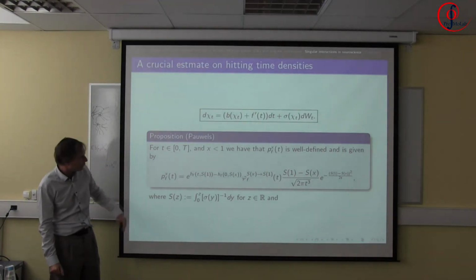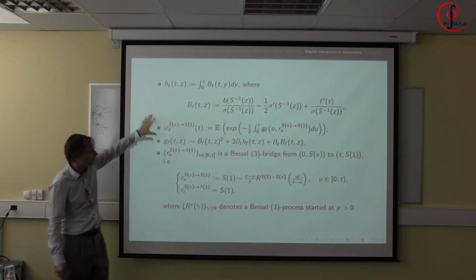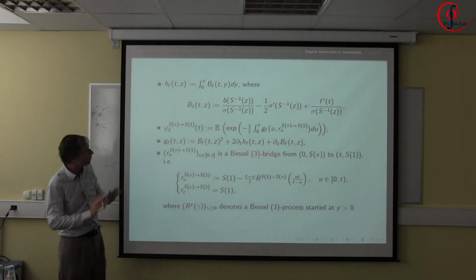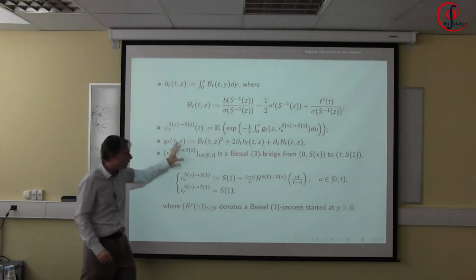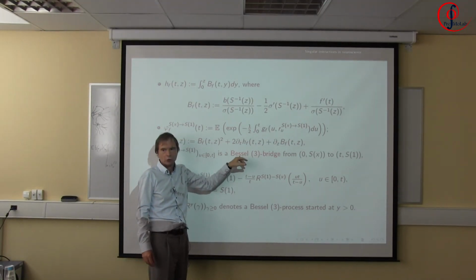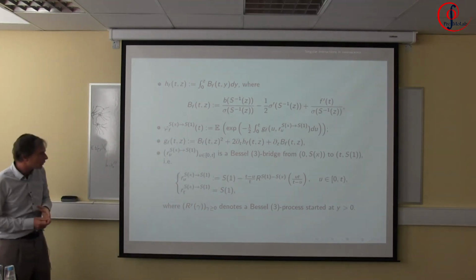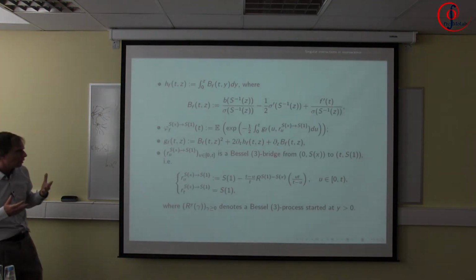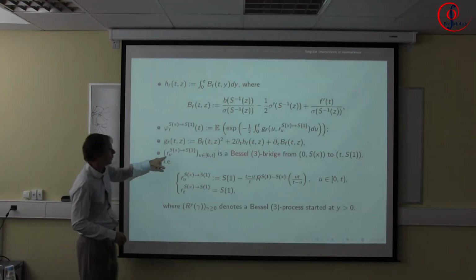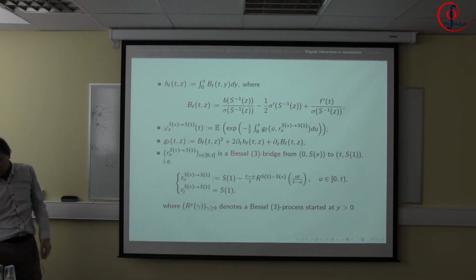So it's a complex formula, as you can see. It involves this kind of objects. But anyway, it's really only probabilistic and involves only the distribution of a bridge of a three-dimensional Bessel process. So the hitting time density depends only on functionals of the bridge of a Bessel 3 process.